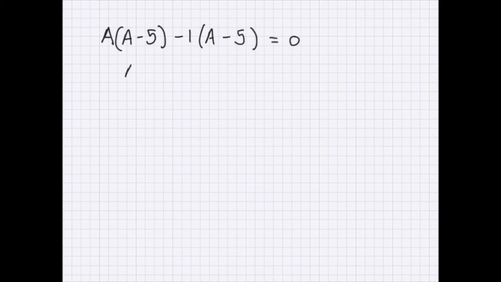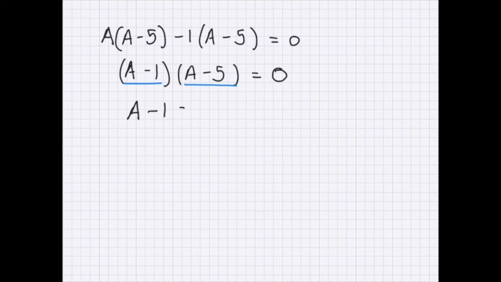So we can write it like this, a minus 1 and a minus 5 is equal to 0. Now we can keep this equal to 0 and this equal to 0. So we'll have a minus 1 equal to 0 and a minus 5 equal to 0.